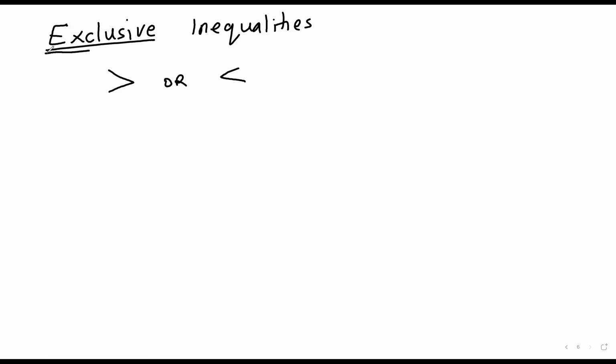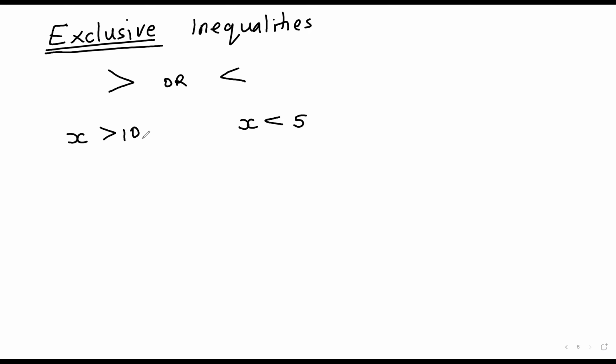They're called exclusive because if the inequality is x is greater than 10, then the number 10 is excluded from the solution. So x is greater than 10 means that x is any number bigger than 10. Similarly, if x is less than 5, well, x could be 4 or any number less than 4, provided that we're looking at integer values, right? So they're called exclusive inequalities because the value here is excluded from the solution set.